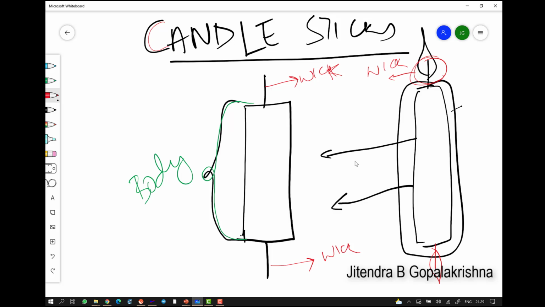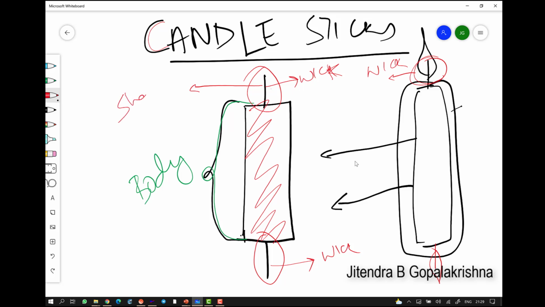We have a wick on top and at the bottom, and this is the body of the candle. Now this wick is also interchangeably called a shadow. So candlestick with a shadow, candlestick with a wick. Now this is the basic stuff of the candlesticks.